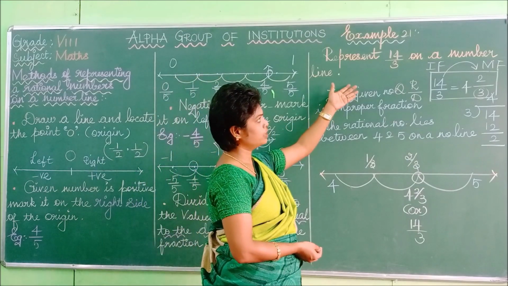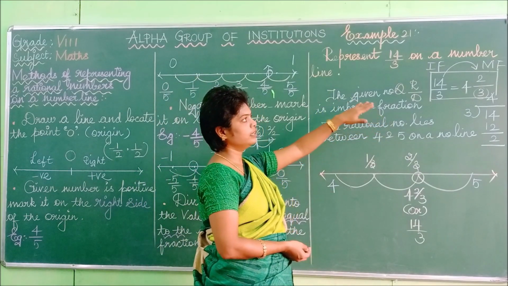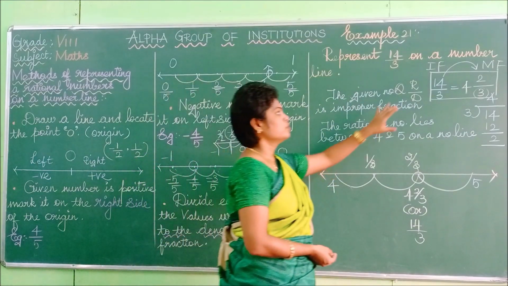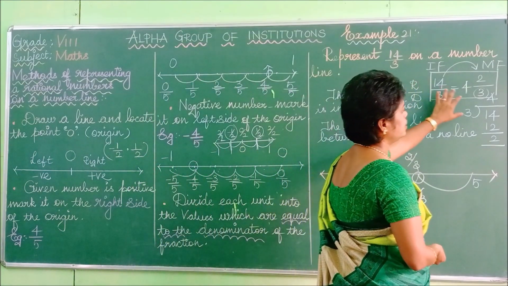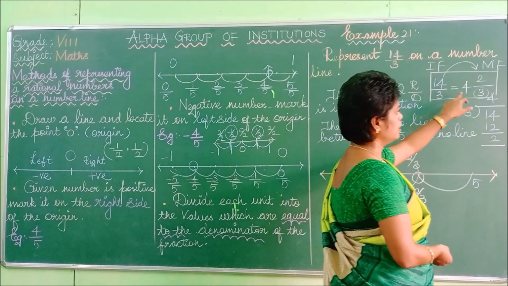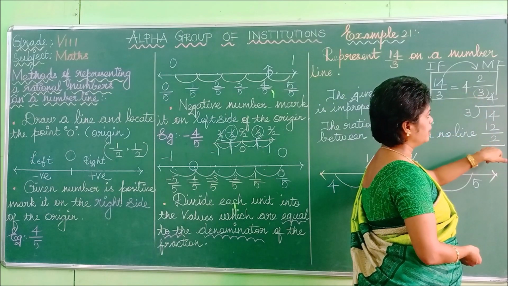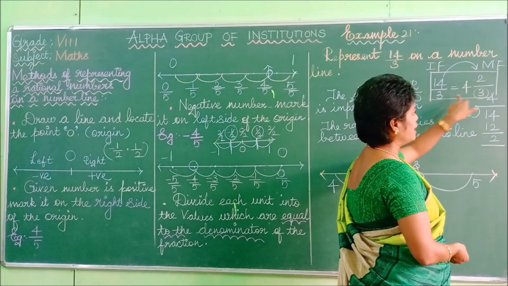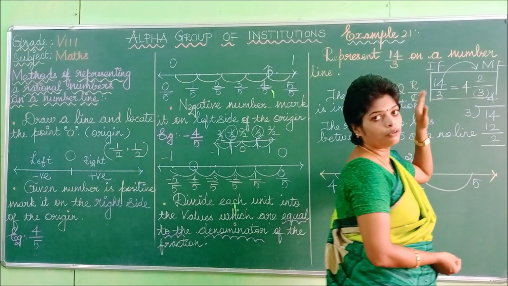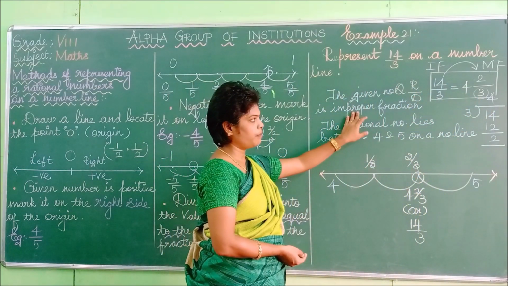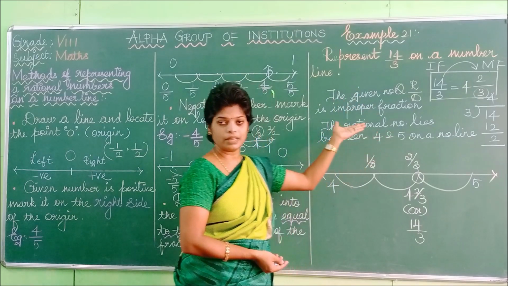So using that property, an improper fraction changes to a mixed fraction. So listen, 14 by 3, we divide and get the value. Quotient, remainder by divisor. Our quotient is 4, remainder is 2, our divisor is 3. So 14 by 3 can be represented as 4 2 by 3 in a mixed fraction. So the given number is an improper fraction, we have changed that into a mixed fraction.